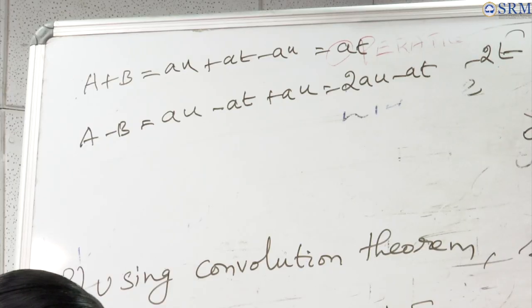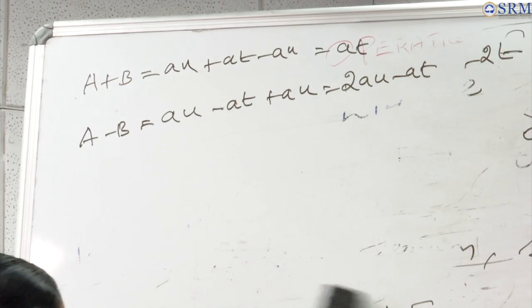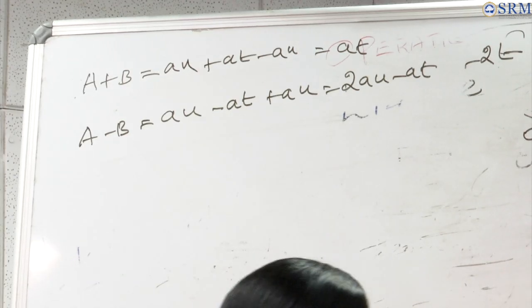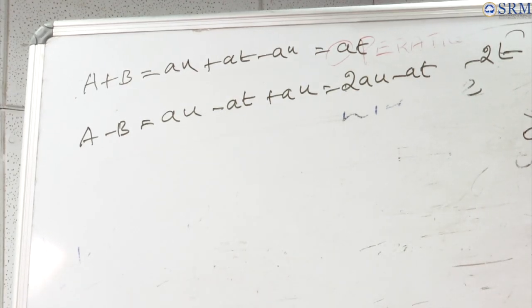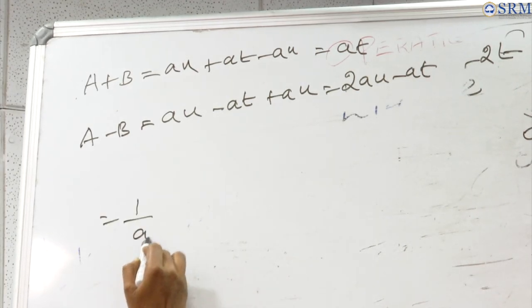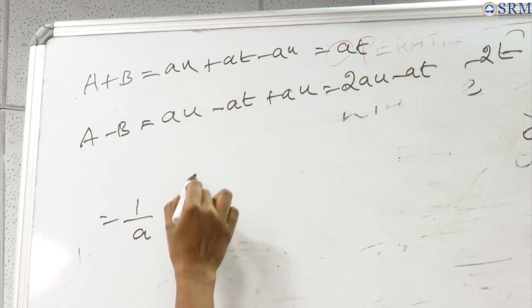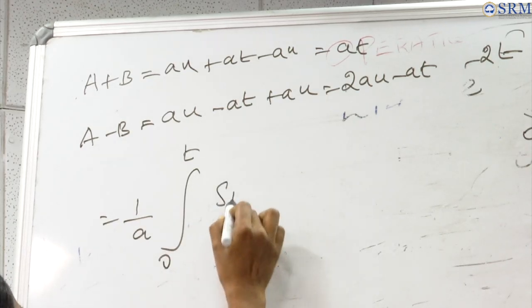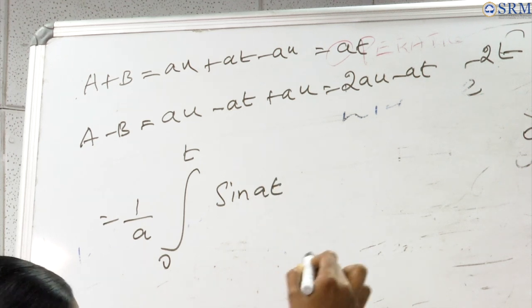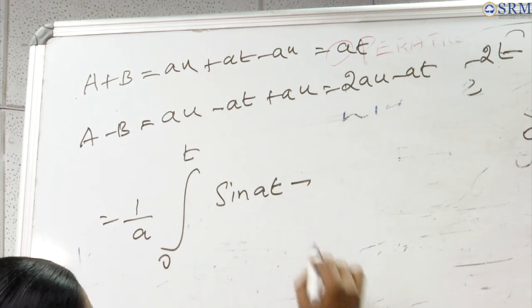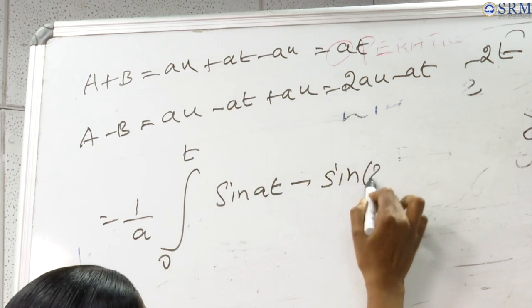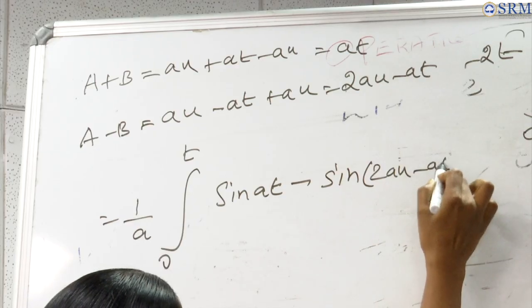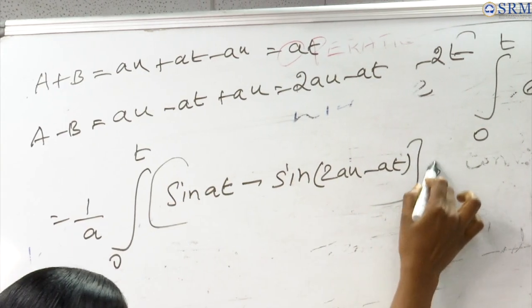The formula is sin a plus b, sin a minus b. I substitute here 1 by a, integral of 0 to t, sin of a plus b, which is sin at, minus sin of 2au minus at, into du.